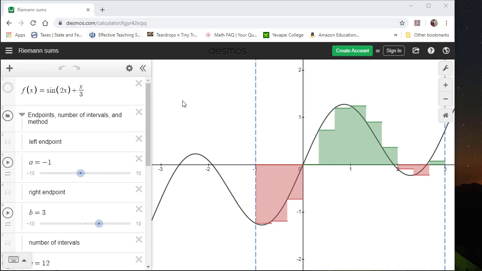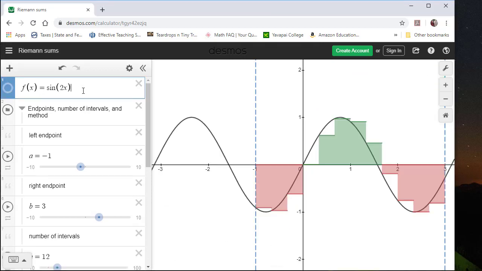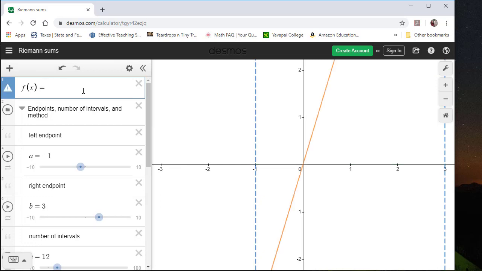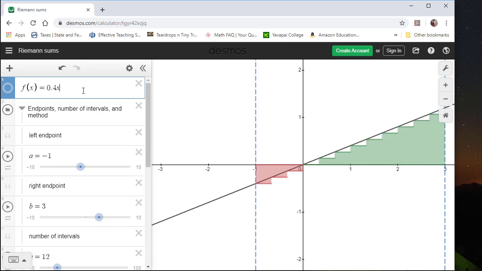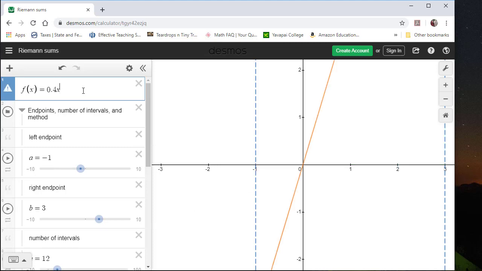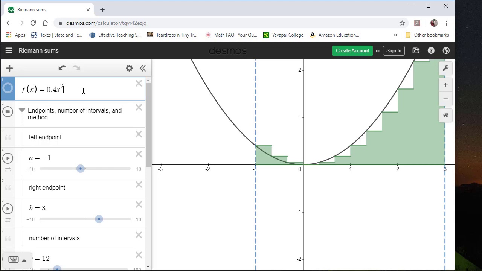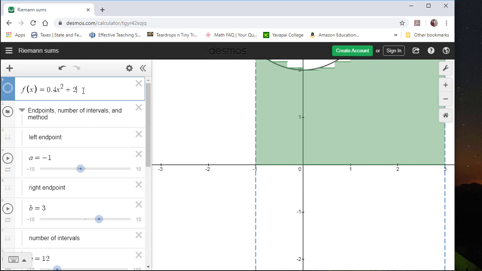And what it'll do is open up a version of Desmos with some rectangles drawn in here for a crazy trigonometric function. All right, I'm going to go ahead and change this formula to the one that we're using, which is 0.4x, caret key on the keyboard, 2, right arrow key to get out of the power, plus 2.